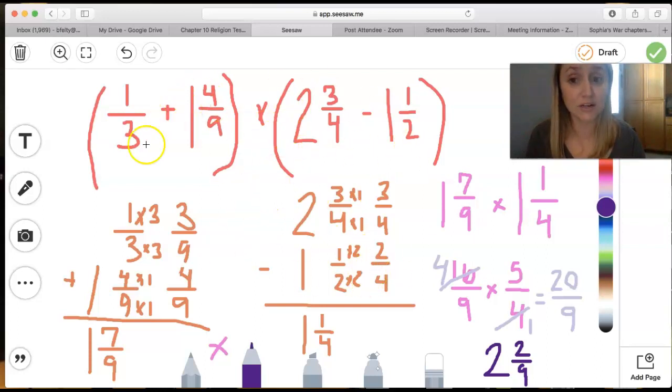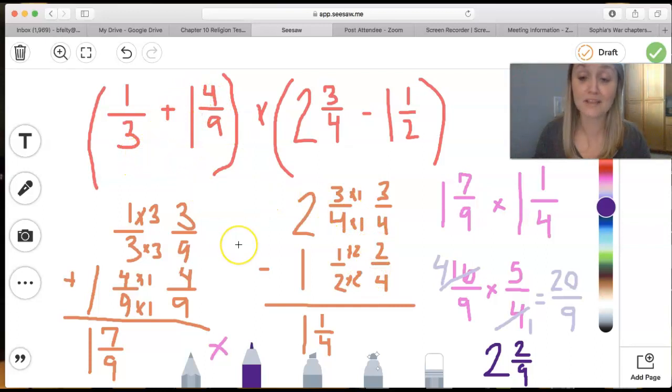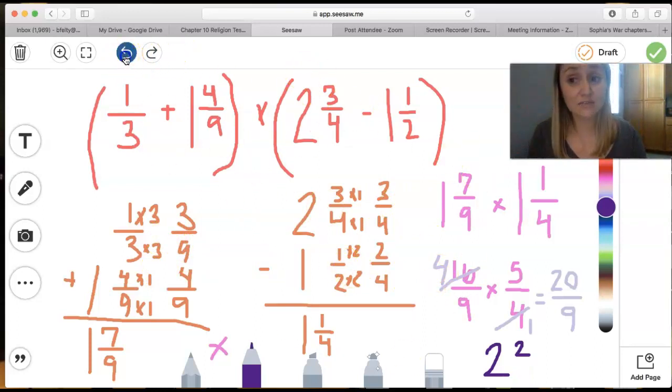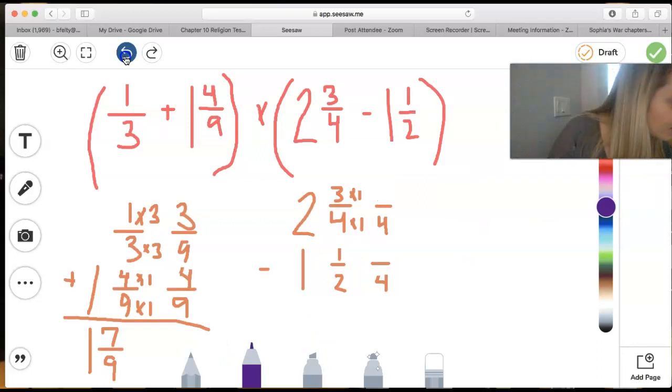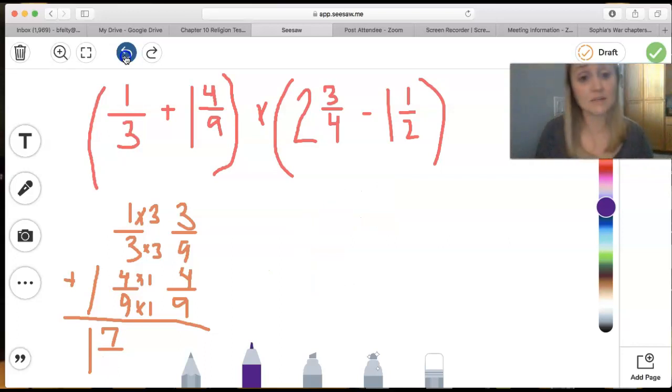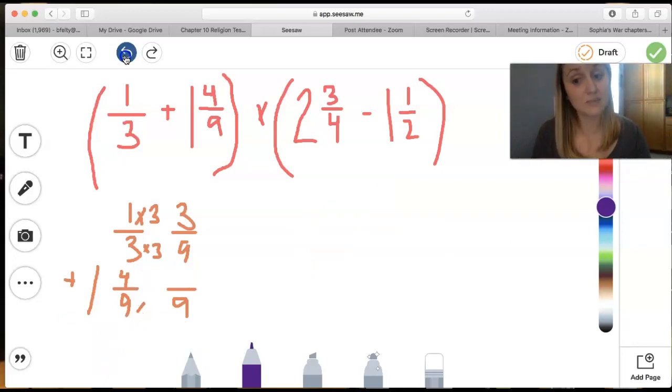So make sure, especially those that are very good at math, which I was one of those and still am, that you're doing it step-by-step so you know how you're getting those numbers, because it's a lot of work and it can make it really difficult to follow along. Okay, so there are some of them on here where you're really going to have to do it step-by-step, and it just takes patience.